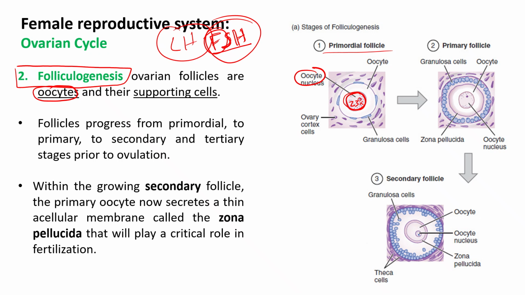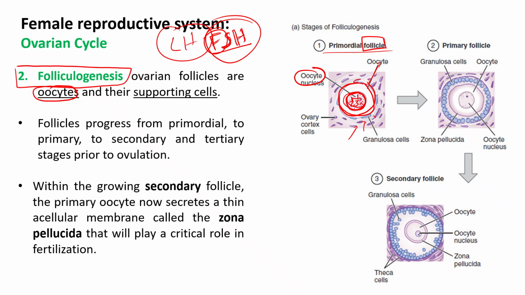Second, we have a few cells, and this is again the entire oocyte. This is the nucleus with the chromosomes. This oocyte is surrounded by cells. These cells are the ones that are going to form the follicle.